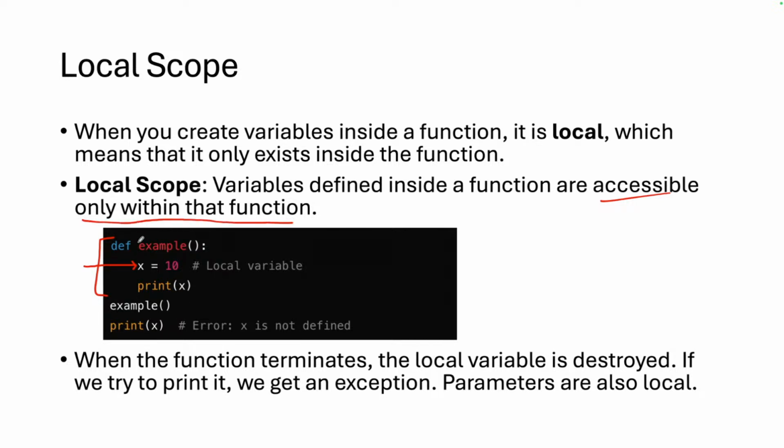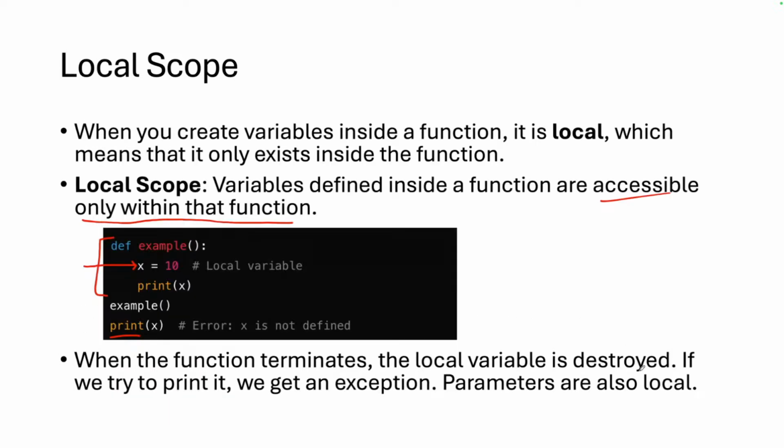So in this example, I say def example, x equals 10, print x. And then if I try to print x outside of the function, because the indentation is on the outside, we're going to get an error saying x is not defined. When the function terminates, that local variable is destroyed, and when we try to print it, we'll get an exception.